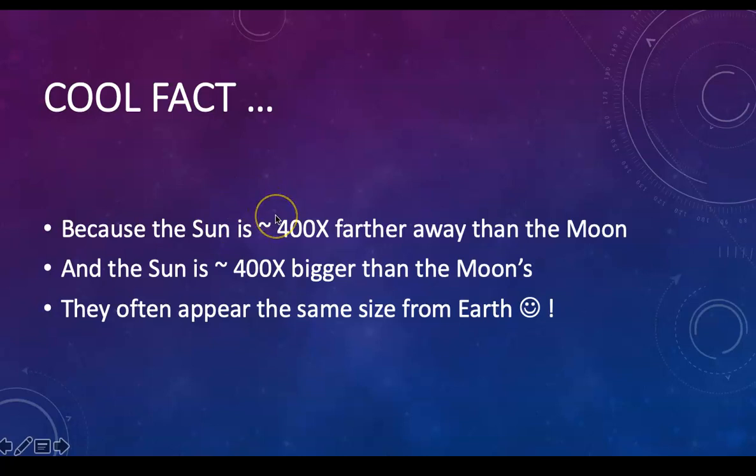The sun is 400 times farther away than the moon, and it is 400 times bigger than the moon. These are both approximations. But it's 400 times farther away and 400 times bigger, so as a result, they cancel each other out. If you've ever wondered why they appear the same size, yes, the moon's a lot closer, and that's the easy answer. Oh, the moon's a lot closer, it's going to look bigger. Yeah, but did you know they were almost even numbers? Pretty neat.